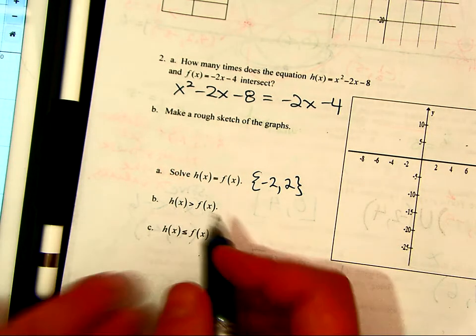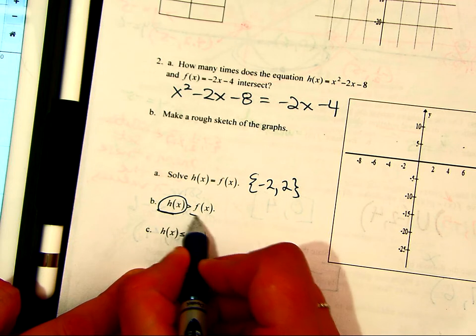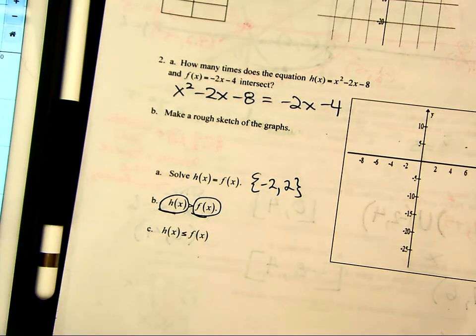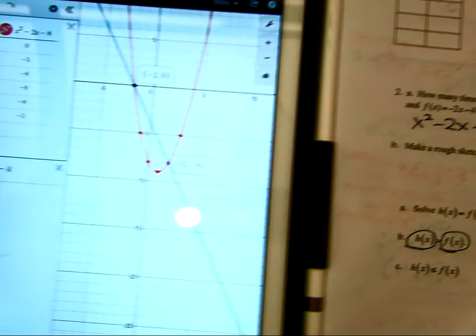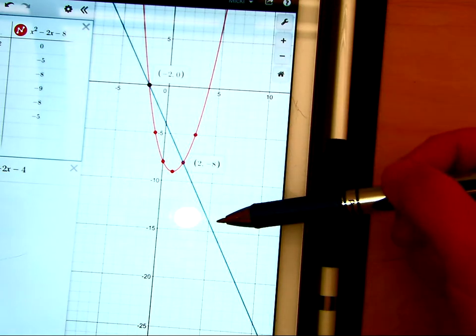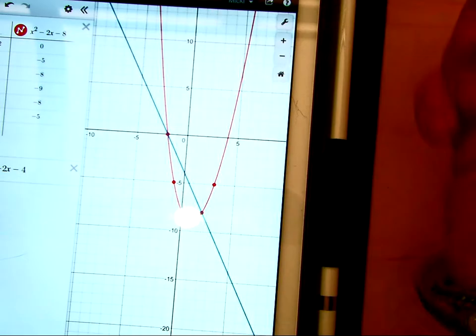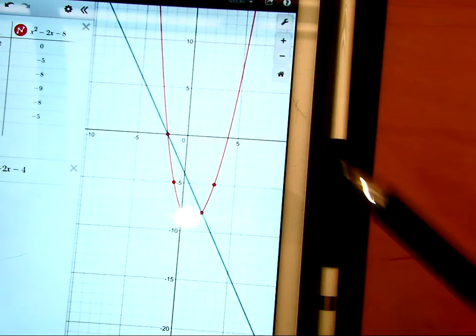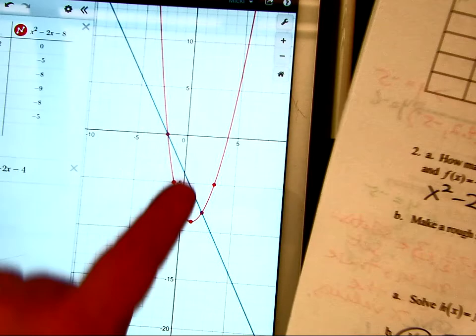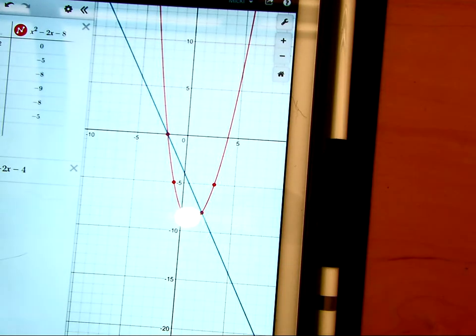But if I want to know where is h of x greater than f of x, I could look back and remember f of x is my line. h of x is my parabola. Where is the parabola greater than the line?